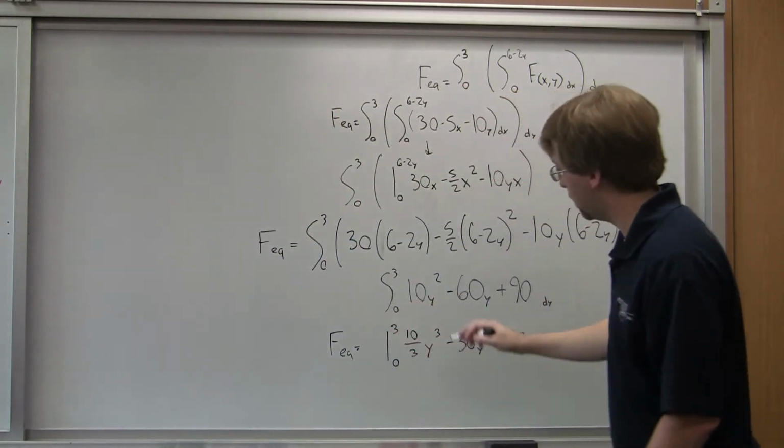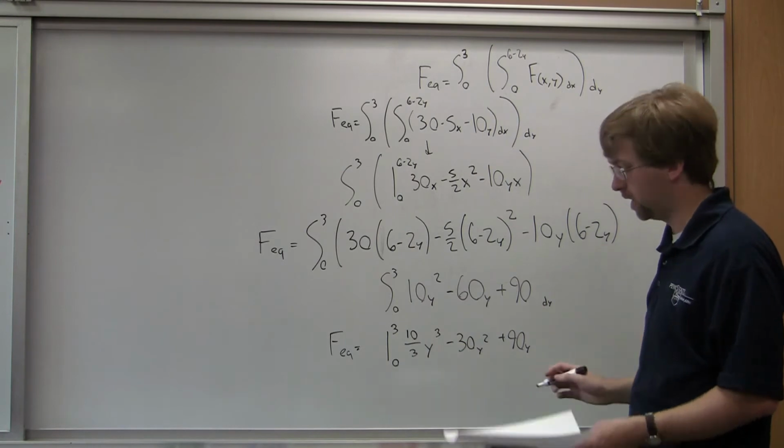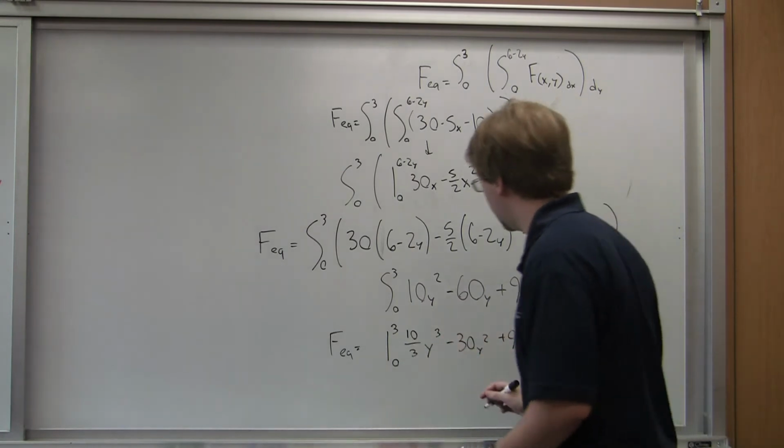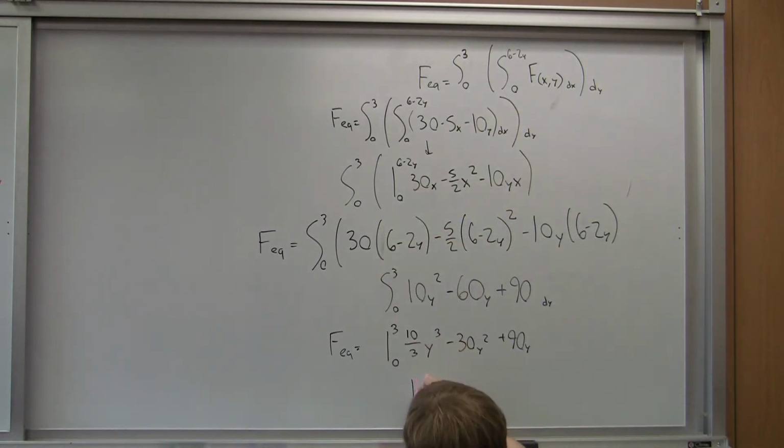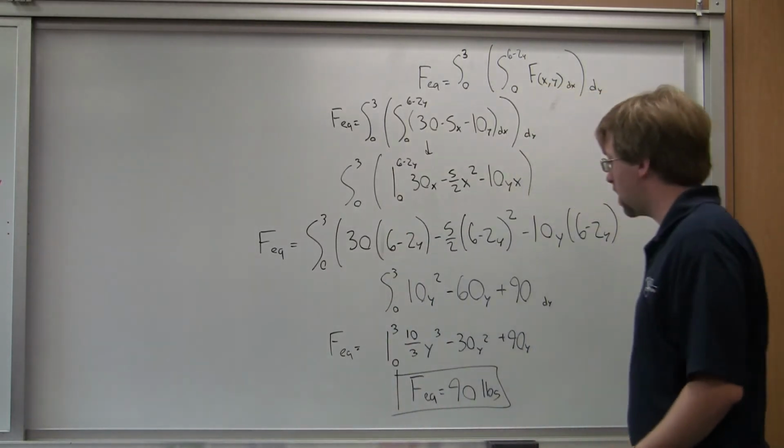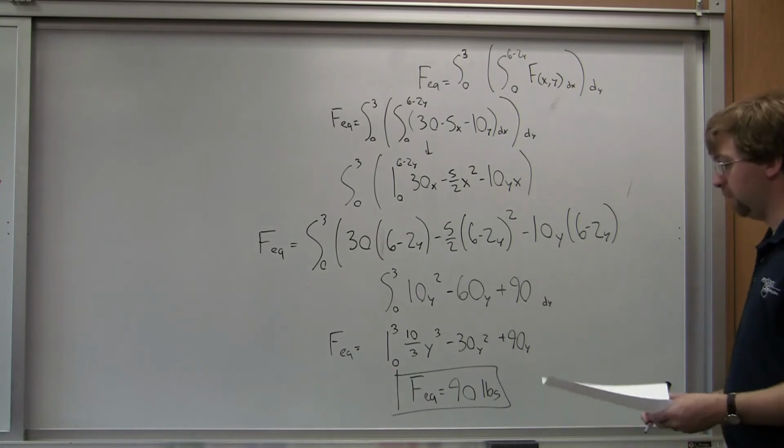And if we evaluate this from 0 to 3, I'm not going to go through the algebra again, but we should end up with a value of FEQ equals 90 pounds at this point. Alright, so we've got a value for FEQ of 90 pounds.